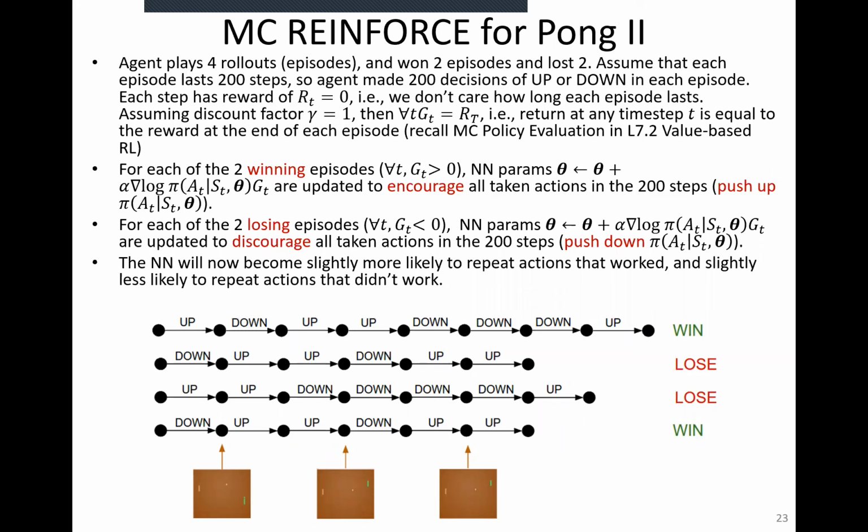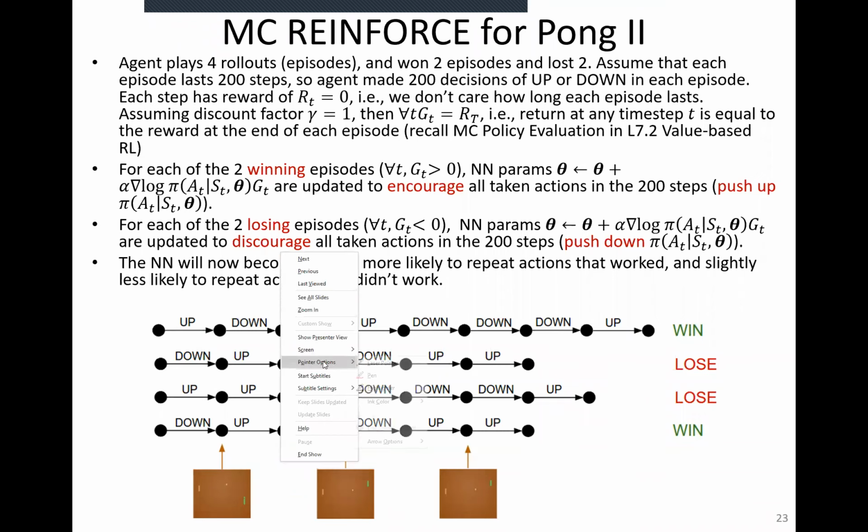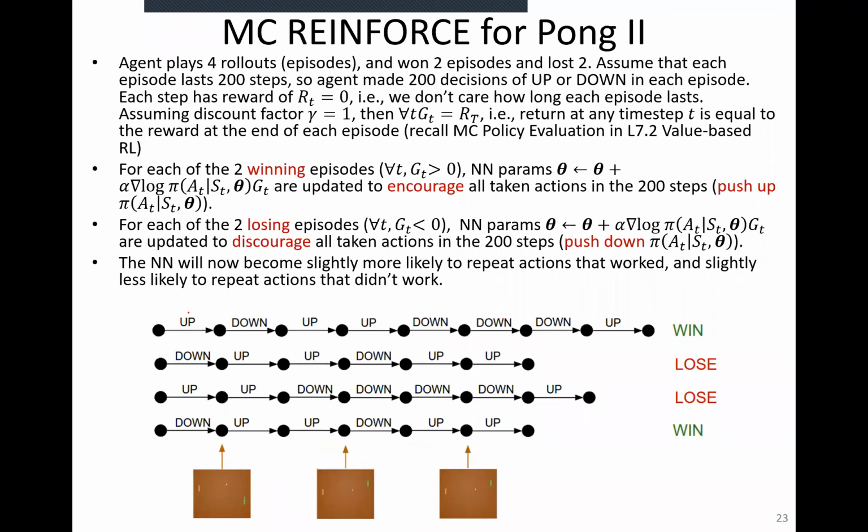You push down the pi for the particular action in every step. So now the neural network will become slightly more likely to repeat actions that worked and slightly less likely to repeat actions that didn't work. So for each of the actions in the winning episode, you push up your probabilities in the policy function. In every losing episode, you push down the probability.